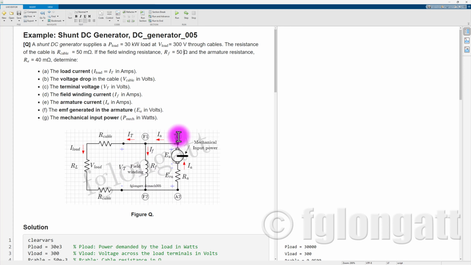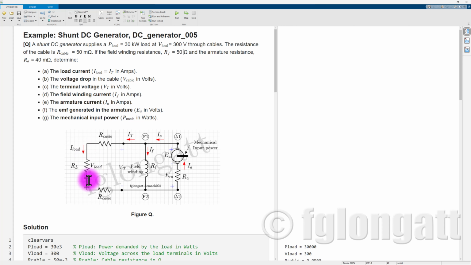You can identify between labels A1 and A2 the armature circuit that is connected in parallel between F1 and F2 to the field winding. But what is interesting for this very specific case is that we have a resistive load over here, 30 kilowatts, and we know that the terminal voltage is 300 volts.